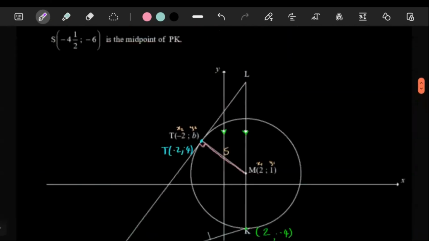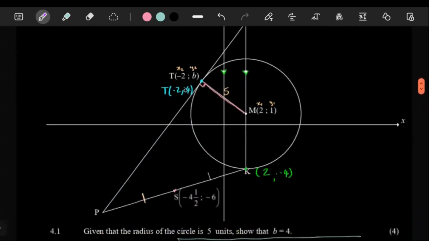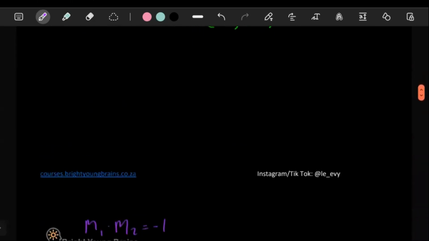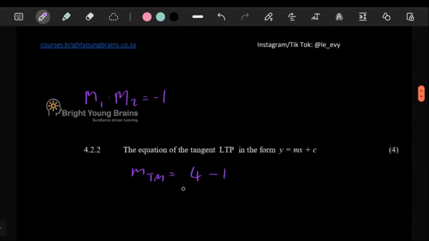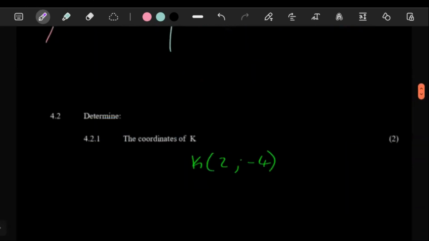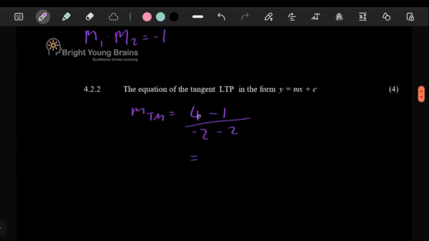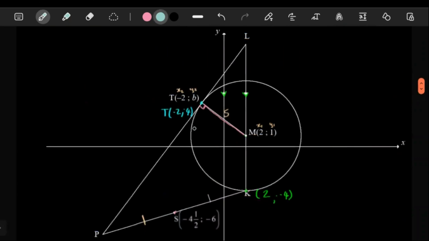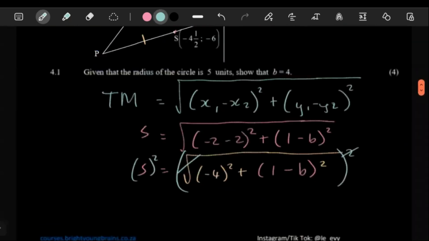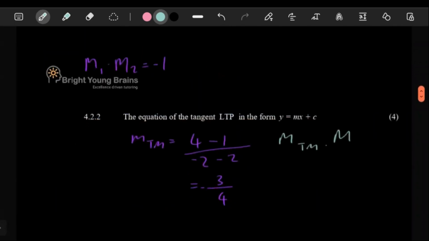In terms of y values, we can say 4 minus 1, over negative 2 minus 2. 4 minus 1 is 3, and this gives you negative 4, so the gradient of the first one is negative 3 over 4. The gradient of TM multiplied by the gradient of LTP, let's just call it LP, should give you negative 1 because they're perpendicular.